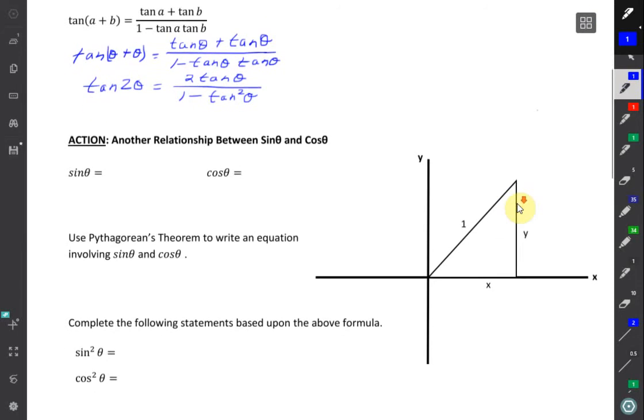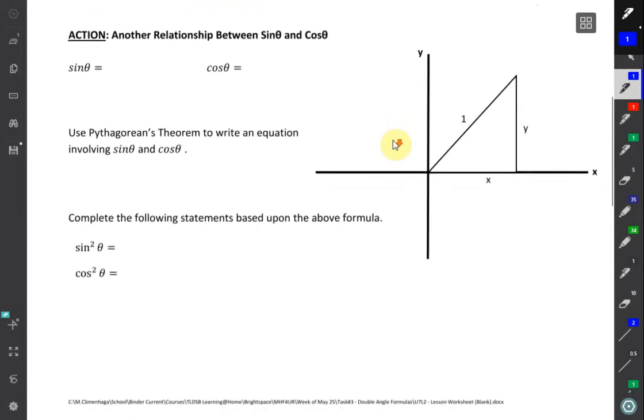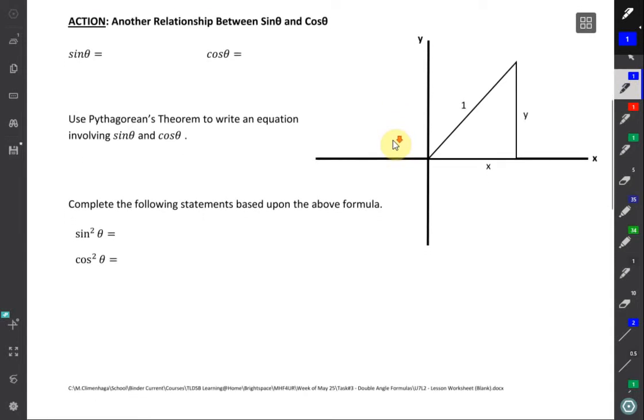At this point in time, we're also going to look at another relationship, which isn't actually a double angle relationship, but it's an important one, and so it's going to be included in this lesson. When we look at sine theta and cos theta, we can look at them in terms of Pythagorean's theorem. If you look at this diagram that's here, you will see that we could write sine theta and cos theta in terms of x, y, and 1.